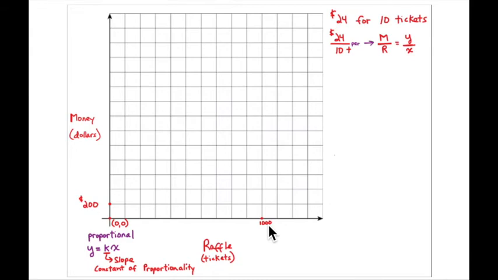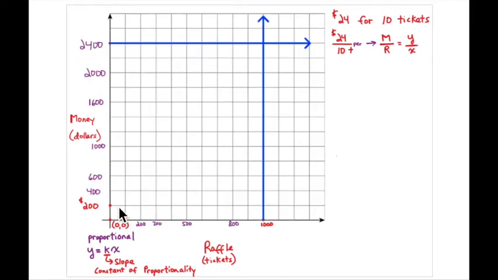And so the amount of money that you make for selling 1,000 tickets is actually $2,400. And so this axis has to go up to $2,400. And it looks like you're going to have to count by 200s to get there. So if you count by 200s, this is $2,400 up here, and this is 1,000.